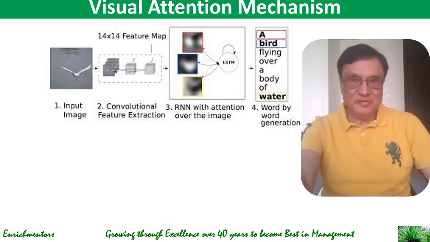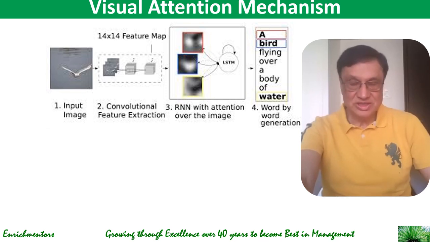The second kind of mechanism is a visual attention mechanism. Visual attention mechanisms, which are primarily used in computer vision tasks, allow the convolutional neural network, the CNN, to focus on specific regions of the image when making predictions.